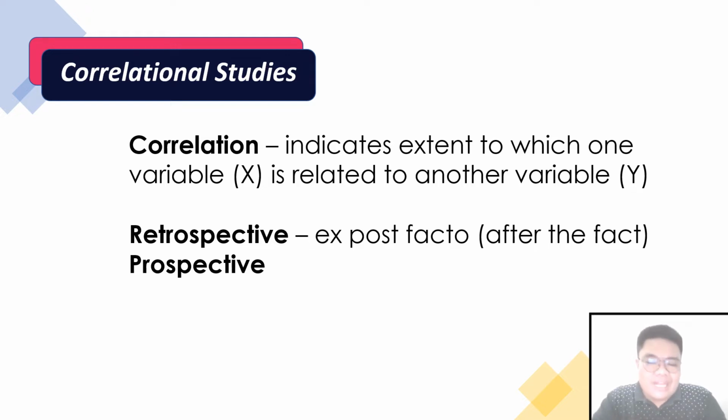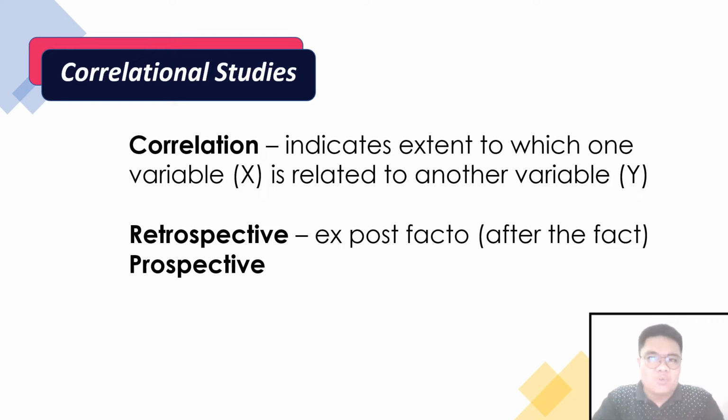Then you have your retrospective studies. When I talk about retrospective studies, these are your ex post facto or after the fact studies. What do I mean by that? For example, I am conducting a study right now, and this study is about the experiences of the people in the past.